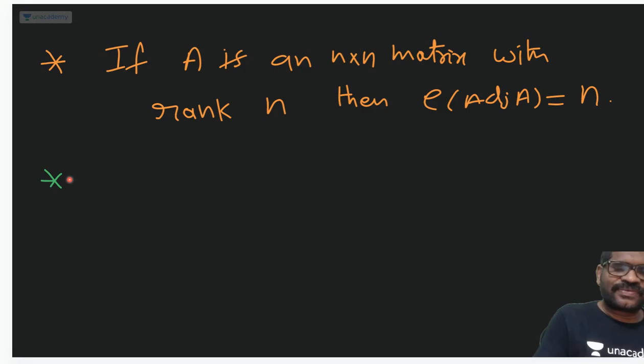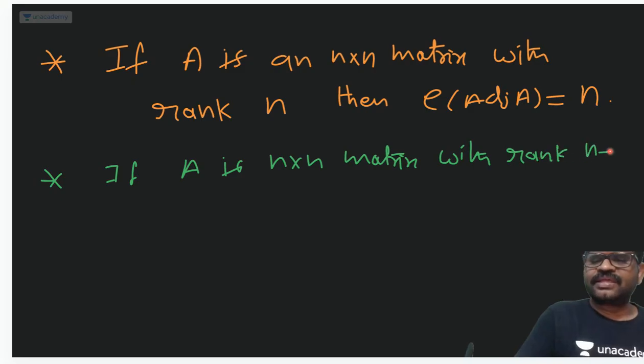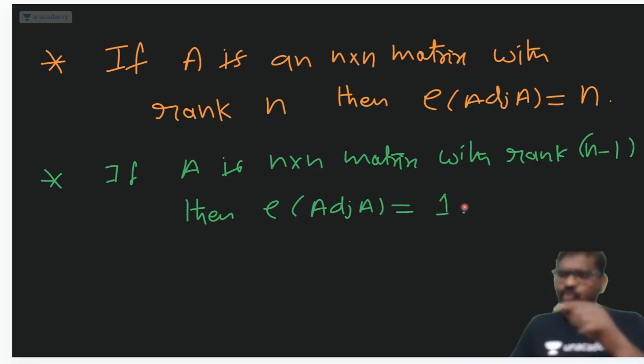If A is an n cross n matrix with rank n minus 1, then rank of adjoint A is 1.